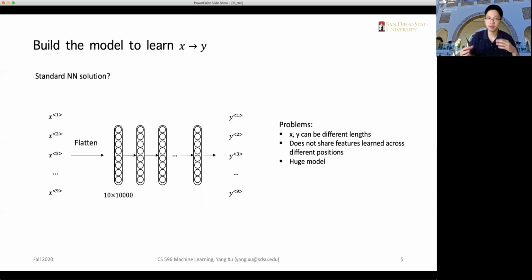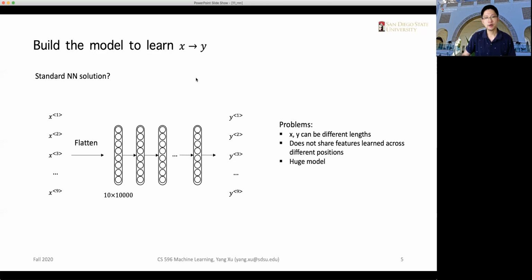The sequential information is not modeled. We just flatten the inputs and then scramble them into a regular network, and all the sequential information is gone. And also the resulting model is huge, because if we use a fully connected layer and have 100 words in the inputs, then the hidden layer needs to be 100 times 10,000, which increases really big, really quick.